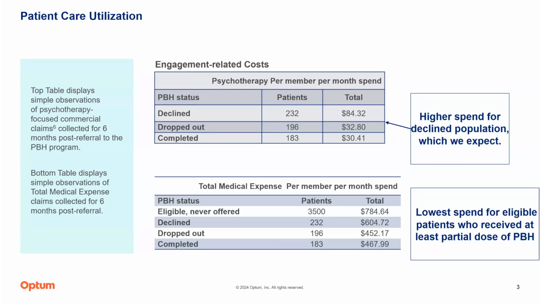But what we expected here was that those declined patients should cost more than the patients who opted in, because the patients who opt in aren't going on to get psychotherapy later or aren't getting it concurrently. And indeed, that's what we see on psychotherapy spend, that 6 months after referral, the psychotherapy spend is much higher for those declined patients than it is for those patients who engaged in our program.